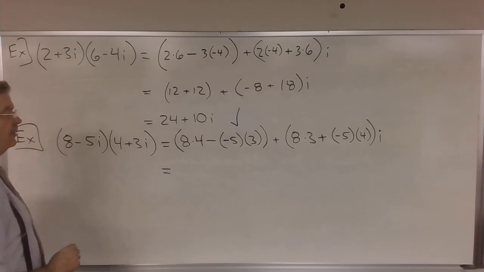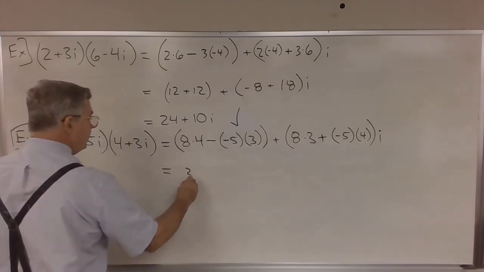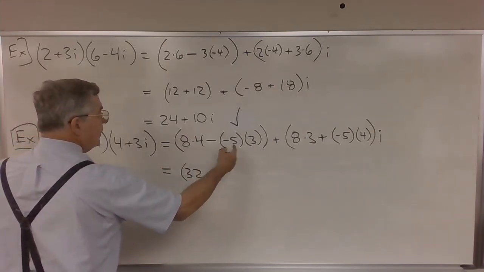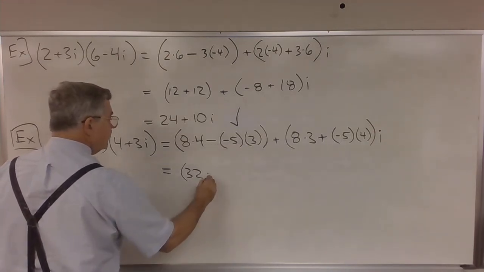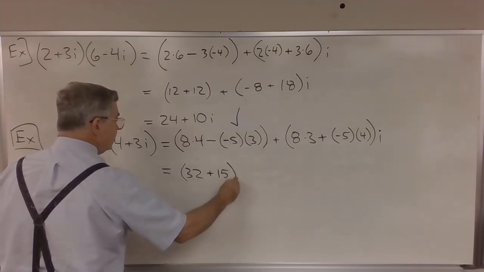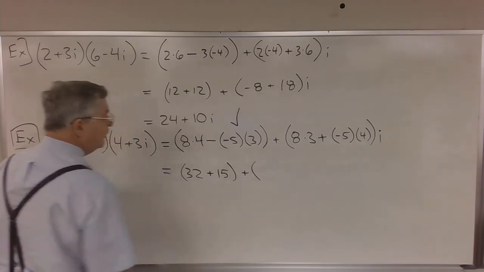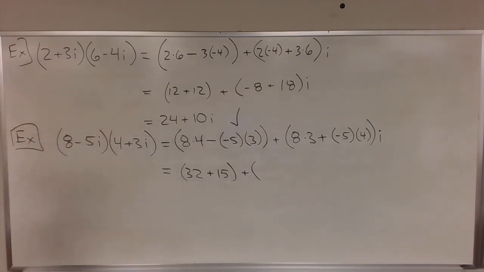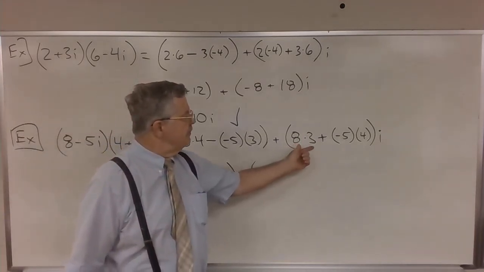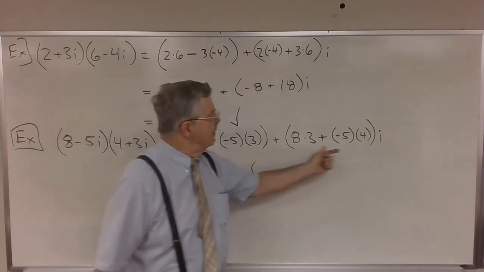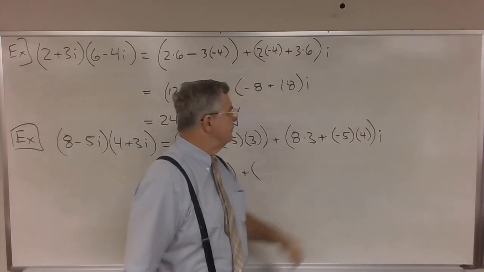And let's see what we get. 32 minus 15 minus a -15 is +15. Okay, there's the real part. And the imaginary part, we have 24 plus a -20 is 4.